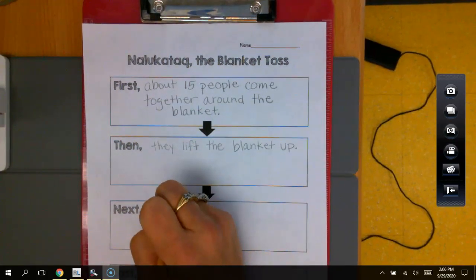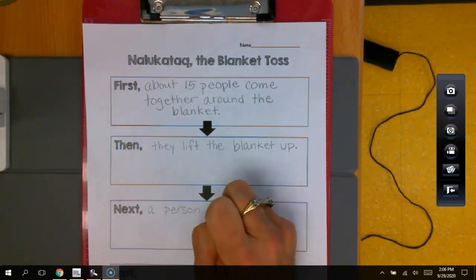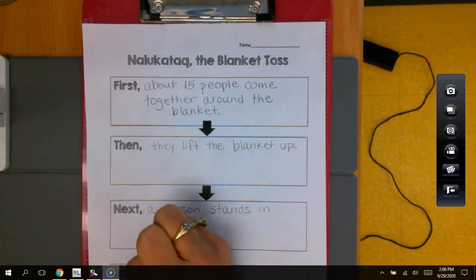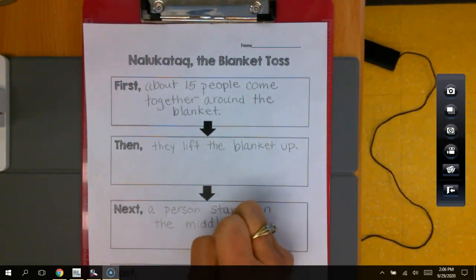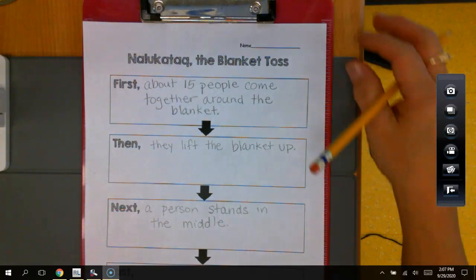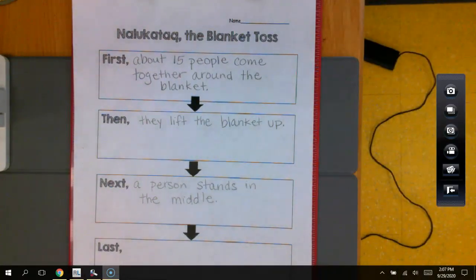Next, a person stands in the middle. So go ahead and write that. And what happens last?